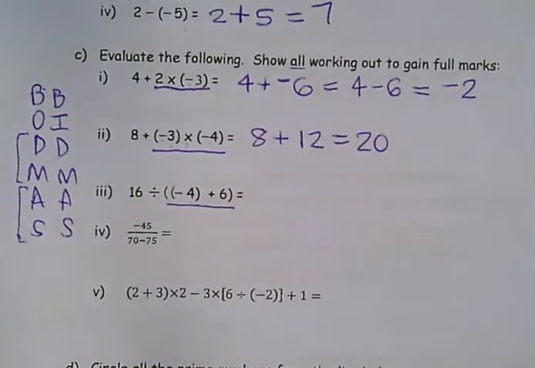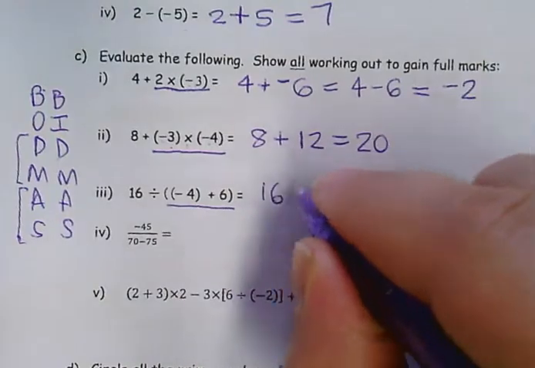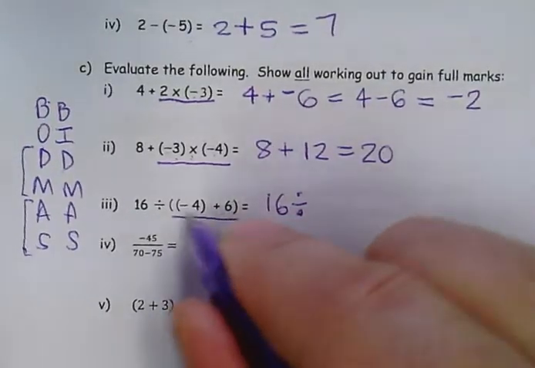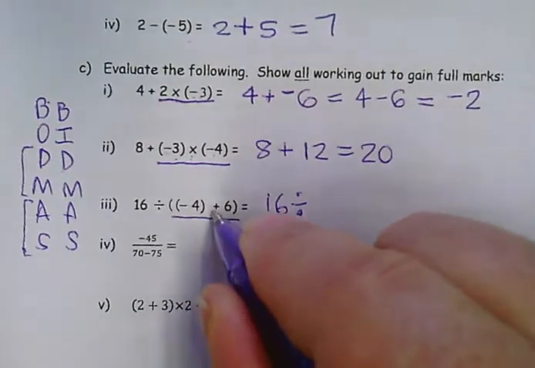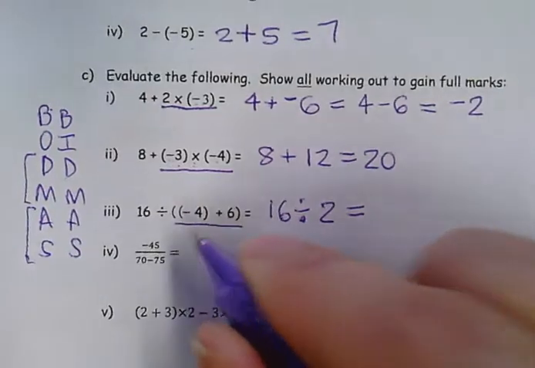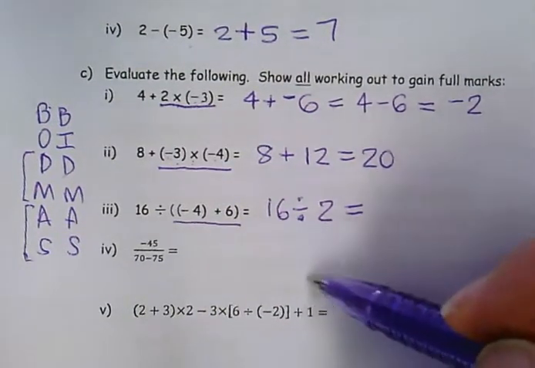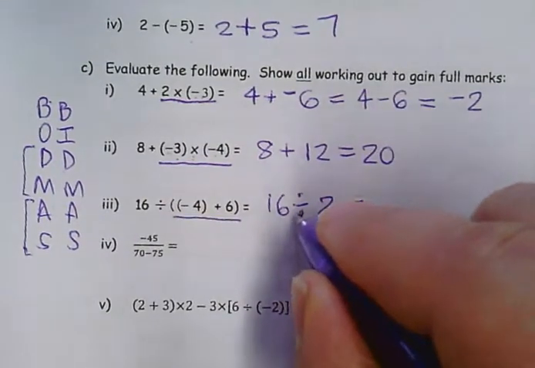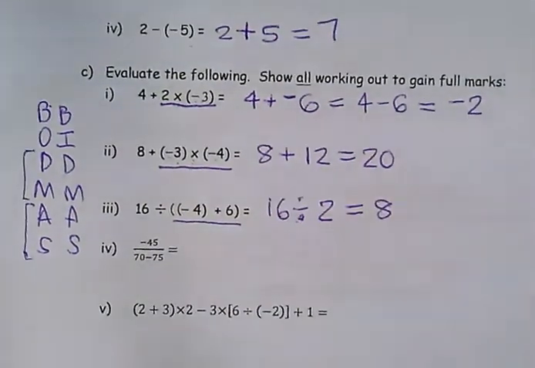They must be done first. So I've got 16 divided by, I get to my bracket and I need to write down the answer from my bracket. So negative 4 plus 6, and that is positive 2. So negative 4, 4 down, 6 up. There's more ups than downs, so it'll be positive. And 16 now divided by 2 is 8.